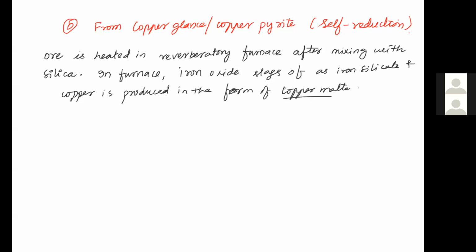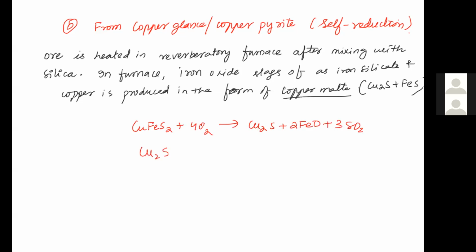Copper matte means it contains Cu2S plus FeS. So what is this copper glance? You know, it is CuFeS2. It's reacting with oxygen. We have Cu2S plus FeO plus SO2. Cu2S plus FeO plus SiO2 gives rise to FeSiO3 plus Cu2S. This is only the matte. This is the fusible slag.